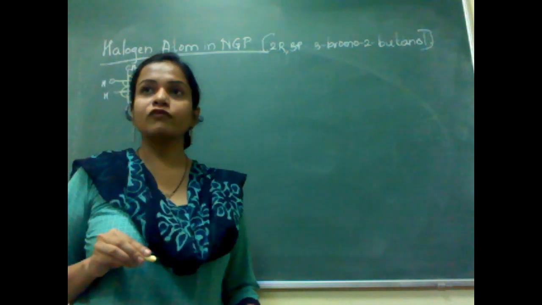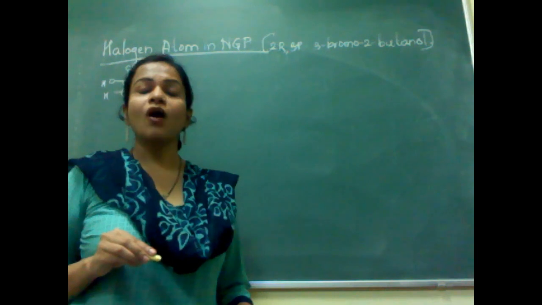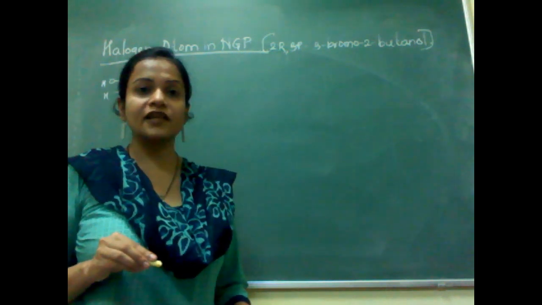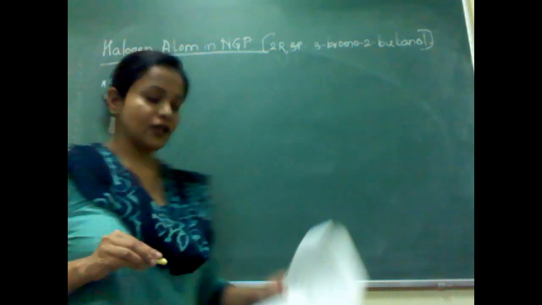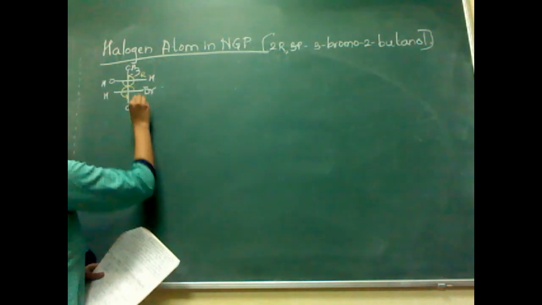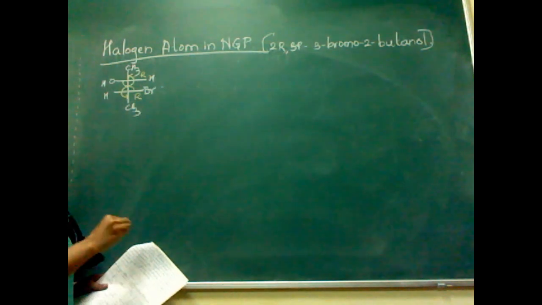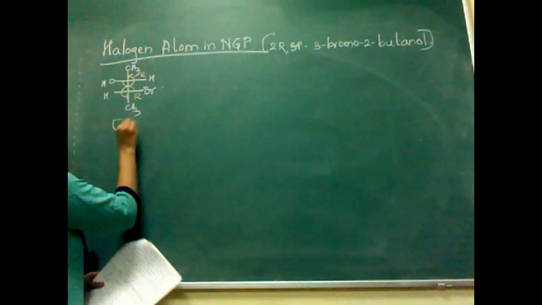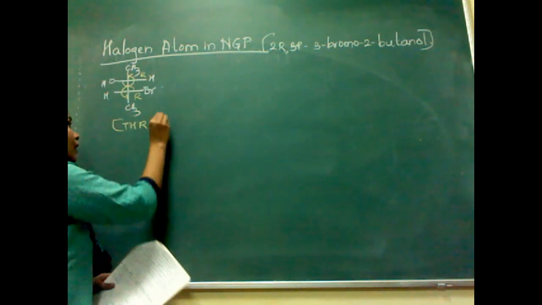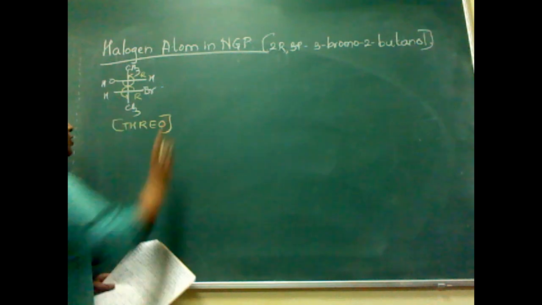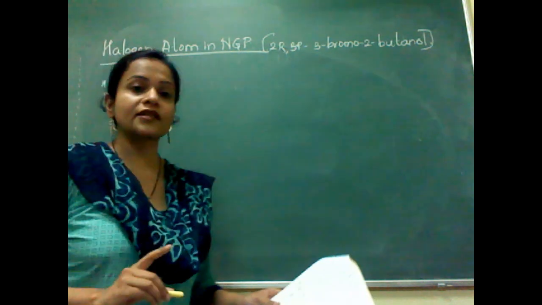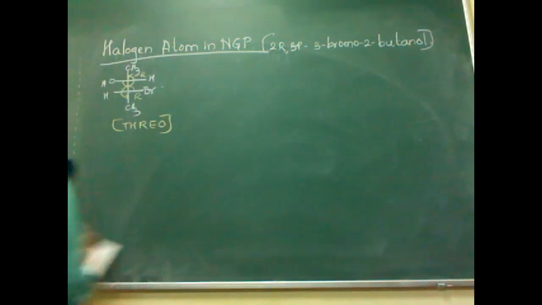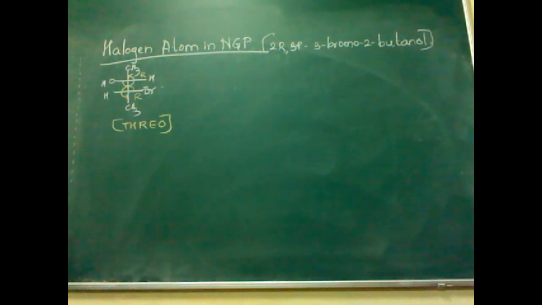Again the group of lowest priority is present on the horizontal line, so that means it is coming towards the observer. So you can write it as R. So it is 2R, 3R, 3-bromo-2-butanol, and this is threo. So that means when the two groups are present on either side, this represents the threo configuration.